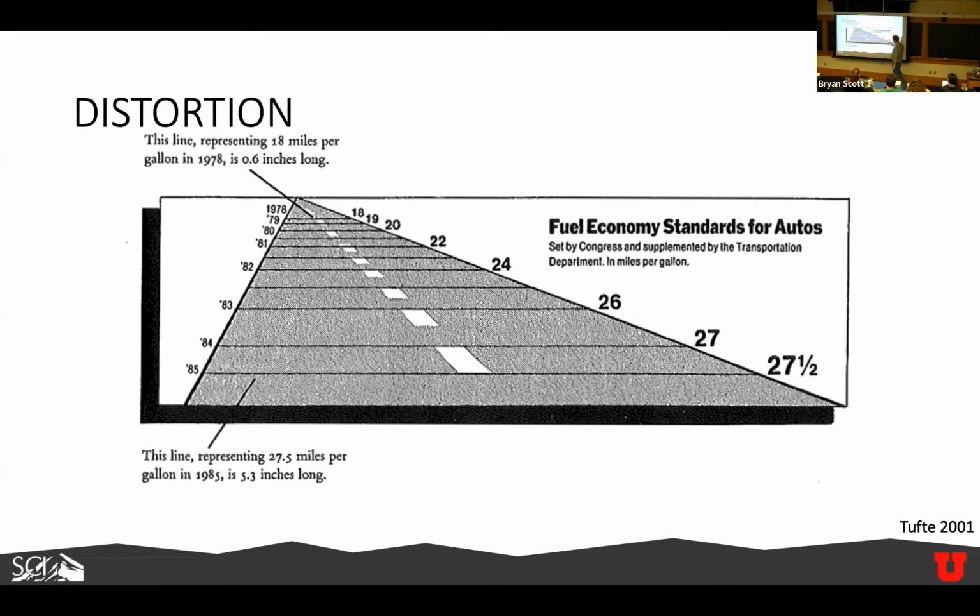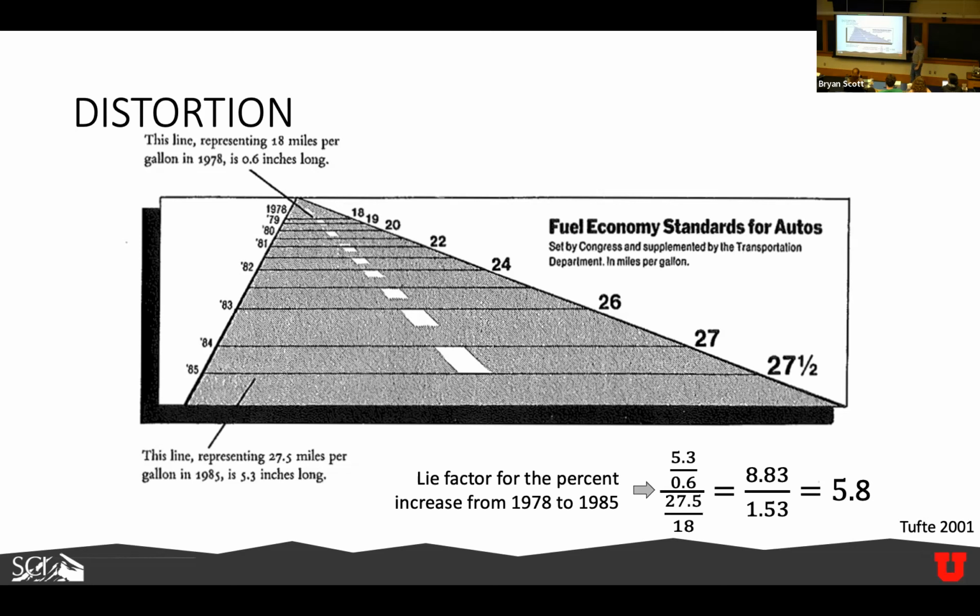And all the way in 1985, you have a line that measures 5.3 inches long and 27.5 gallons. From the chart, it looks like we've done really, really well, right? But if you actually calculate the lie factor here, that is, you calculate the effect size of the data, which is going from 18 to 27.